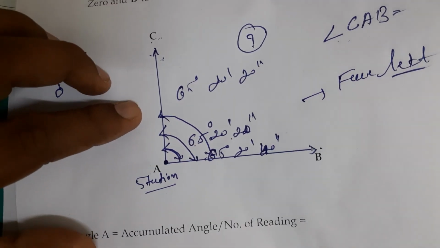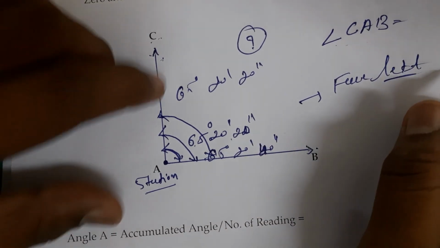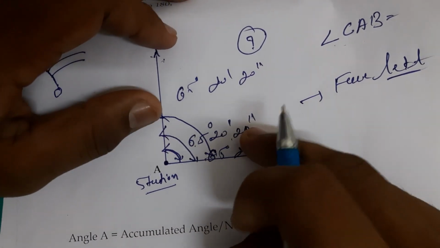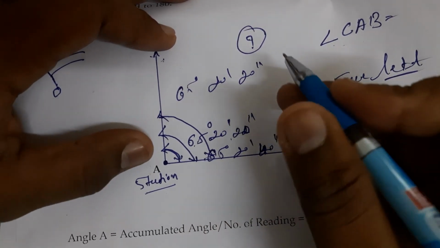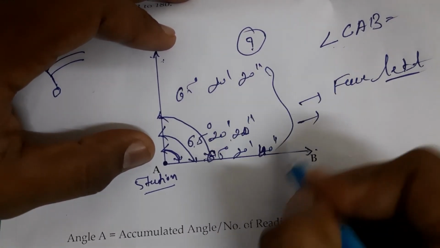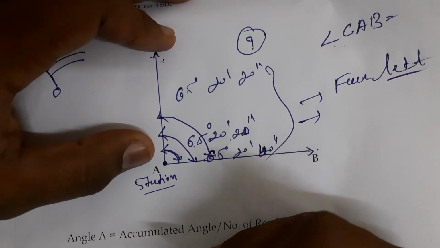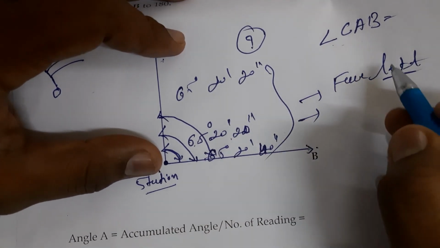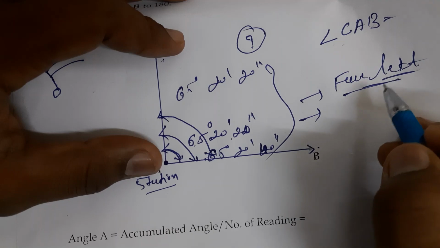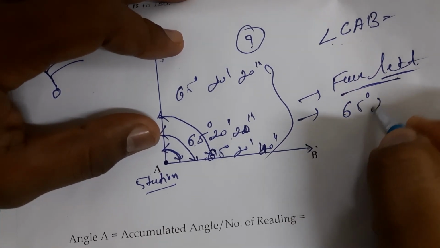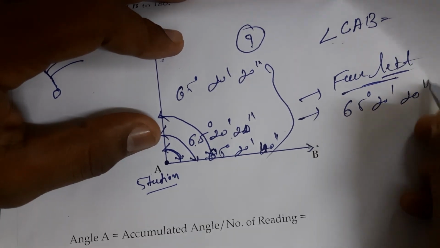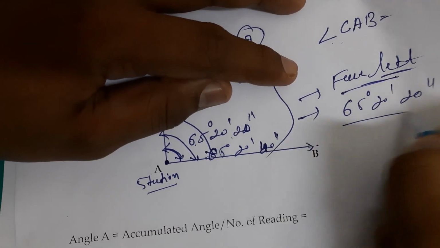So from the face left we measure three readings. First we need to find the average of these values, observed from the left face position. Say the average is 65 degrees, 20 minutes and 20 seconds from the left face.